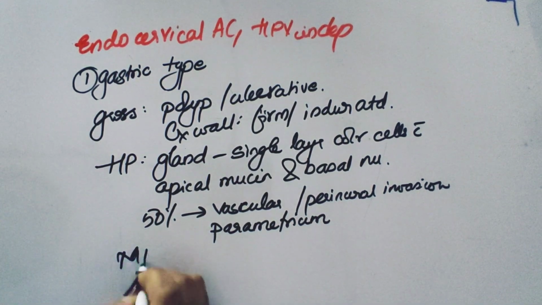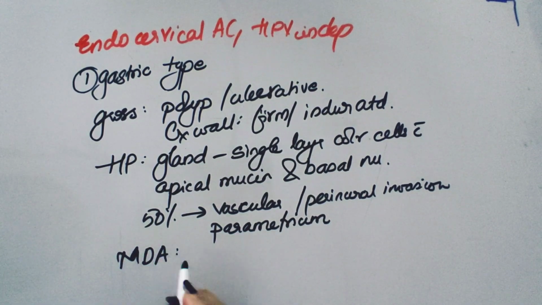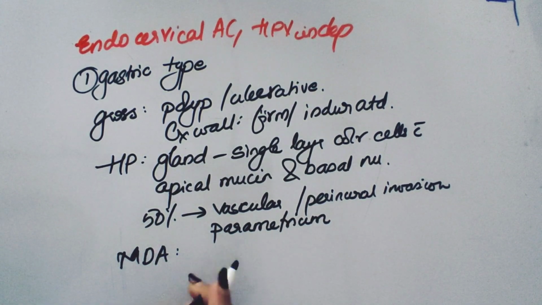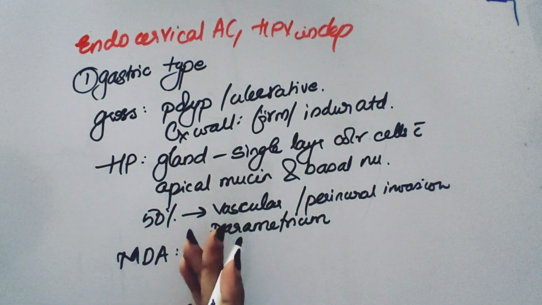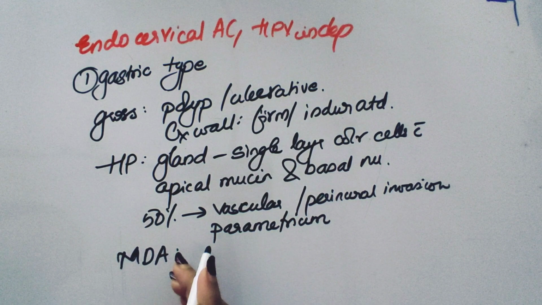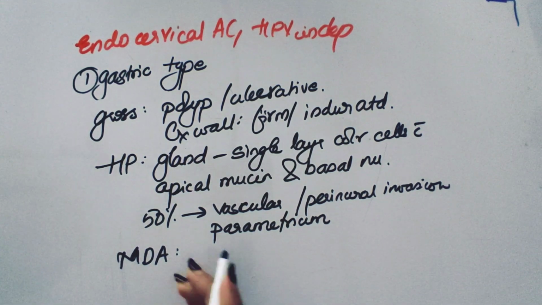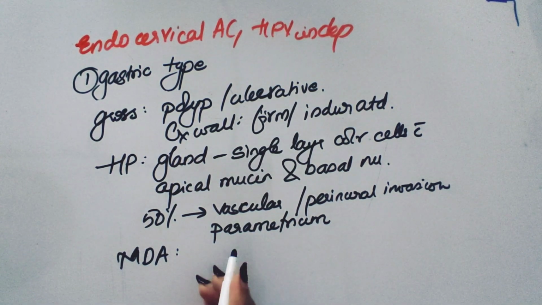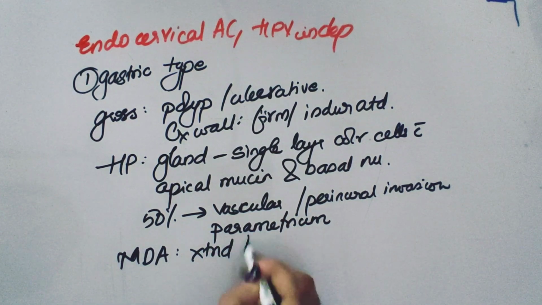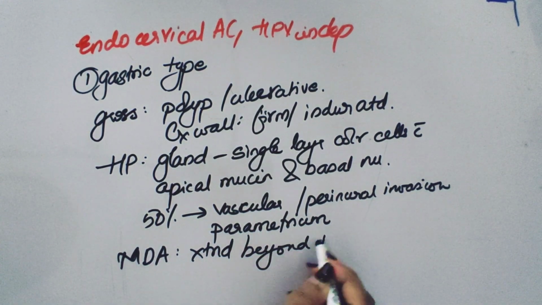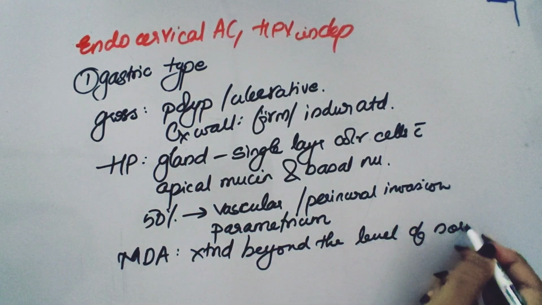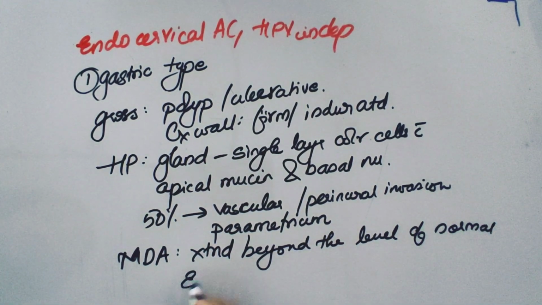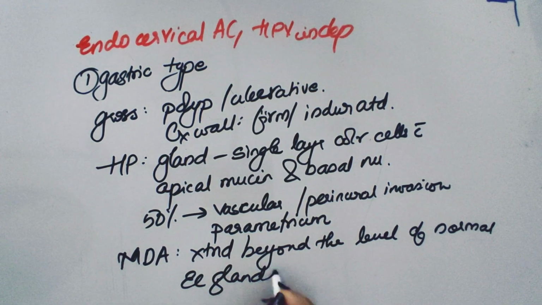And the MDA variant of it, I said it's extremely well differentiated, so it looks almost like the normal endocervical glands that are invading into the stroma. But how you can differentiate it from normal endocervical glands or endocervical hyperplasia is that they extend beyond the level of normal endocervical glands. So, ma'am, approximately how can I tell that?